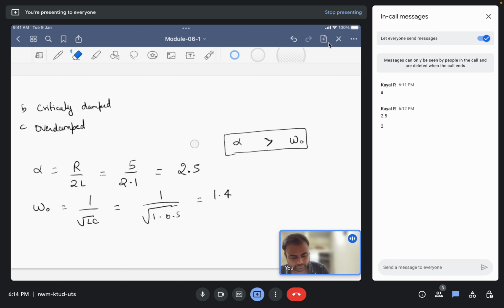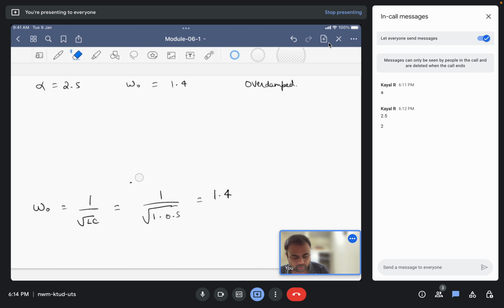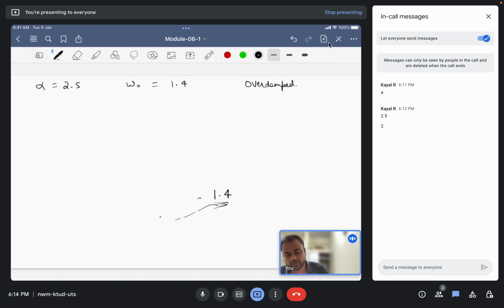Our circuit is overdamped and we have calculated the values for alpha. So alpha is 2.5 and omega naught is 1.4 and our circuit is overdamped. Okay, so now with this information we can move to the next phase of our problem, that is writing the solution for that differential equation.